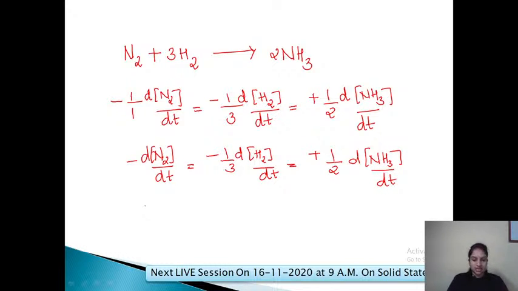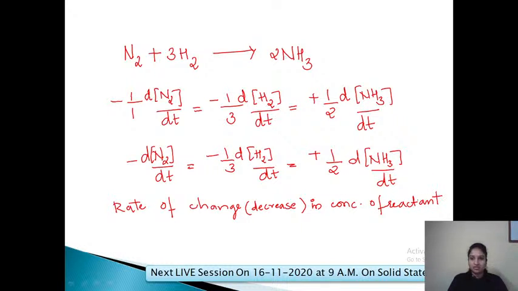So what we can say is, rate of change or rate of decrease in concentration of reactant is equal to rate of increase in concentration of product.